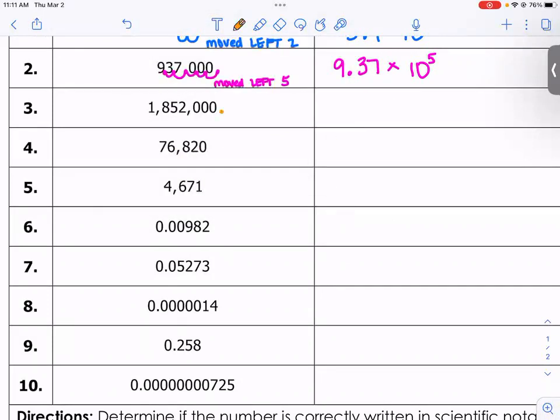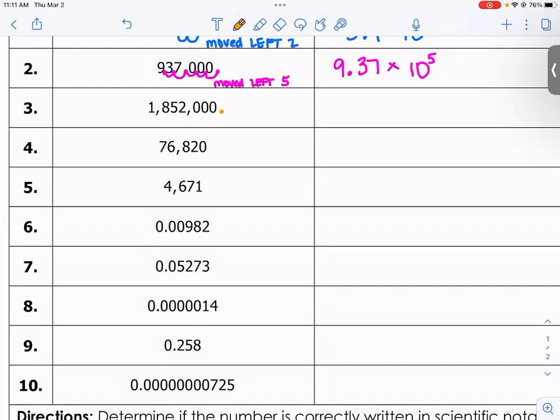Denise, how many times did you move your decimal? Denise said, isn't it 6? She's unsure. Do you agree that Denise moved it 6? Yeah. Okay, what's your question? Oh, yeah. So we always start, I'm sorry, Denise, right here at the end. And then we count 1, we count 2, and then you count until you get in between basically these first 2 numbers.